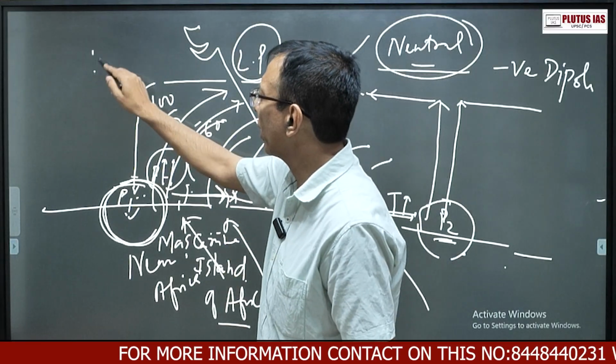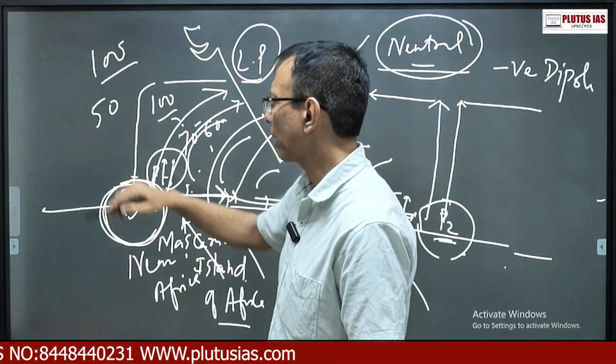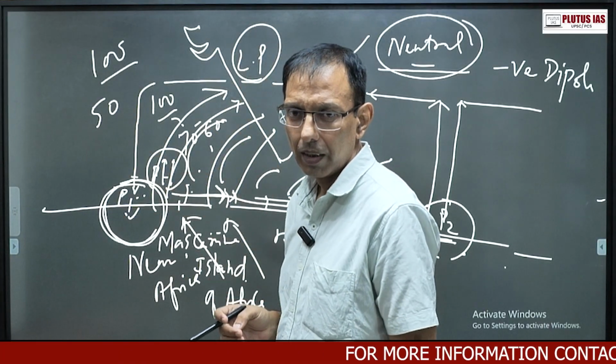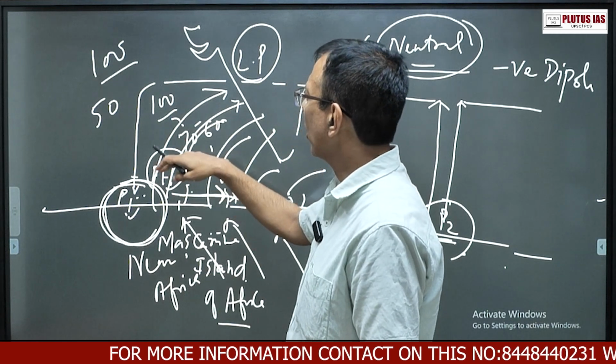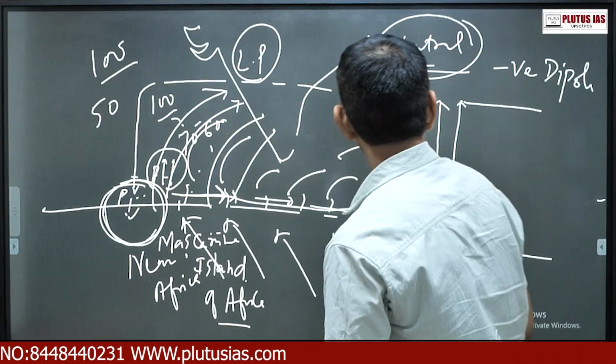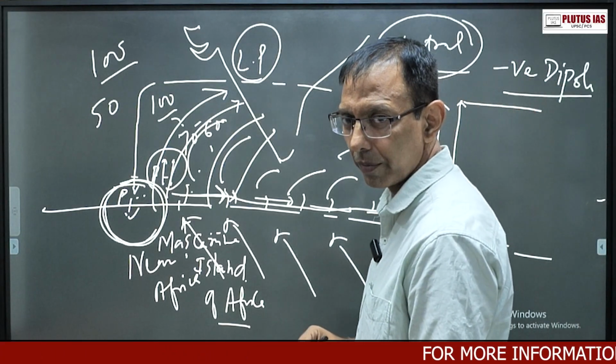So out of 100, if only 50 would be coming to India, 50% or even less amount comes to India, then the situation would be termed as negative dipole.